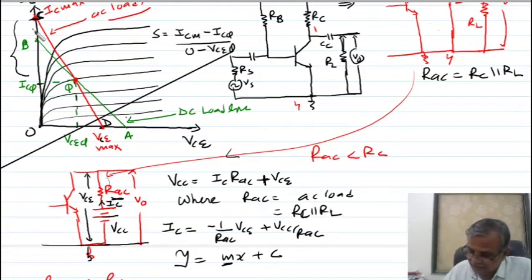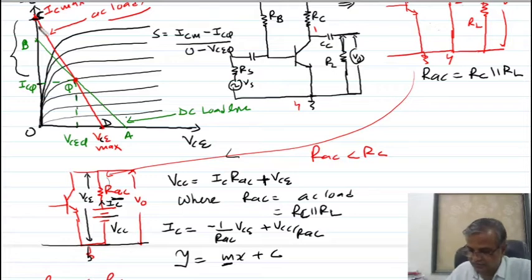Again, carefully look here, this value upon this value. This value is IC max minus ICQ upon 0 minus VCQ.